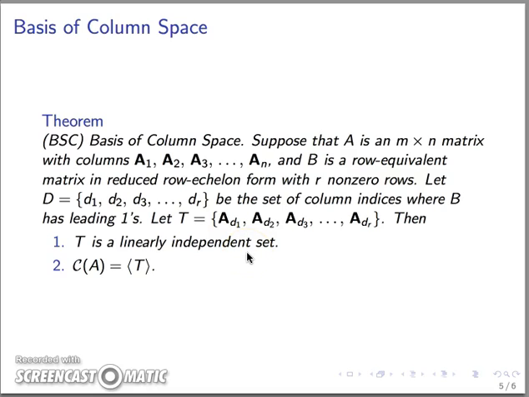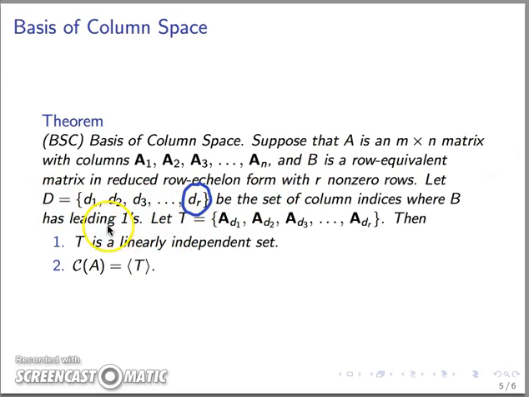So let's read the theorem. It says we have a rectangular matrix with columns A1, A2, A3, A4, A5, all the way through A sub n. There are n columns. We compute the RREF and find that there are r non-zero rows in the RREF. Very importantly is this set of indices, the set capital D, in which we find that there are exactly r indices. This is all information that we're familiar with.